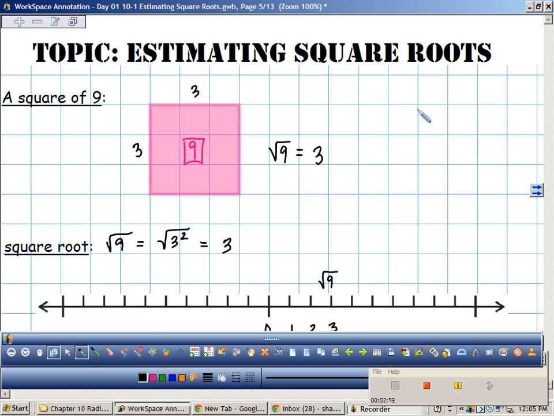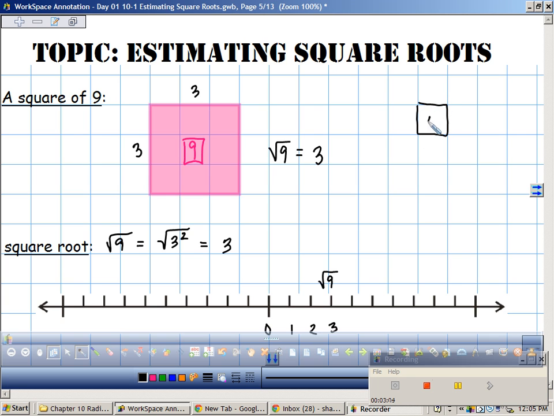What if I said to you, the area of this square is 49. What's the side of the square? And what if I were to say the area of this square is 100? What's the side of this square? 10. You guys are all familiar with that, right? Well, that's what square roots are.